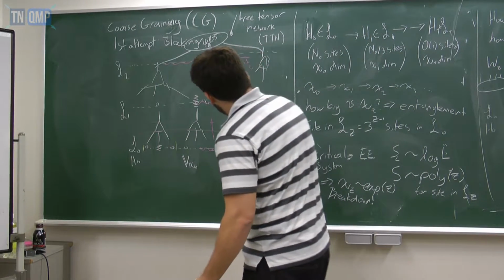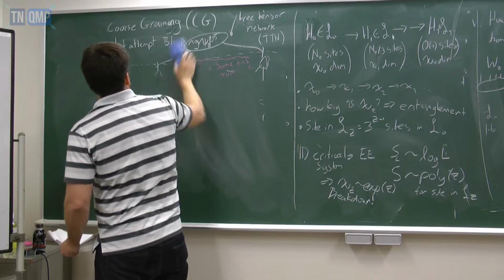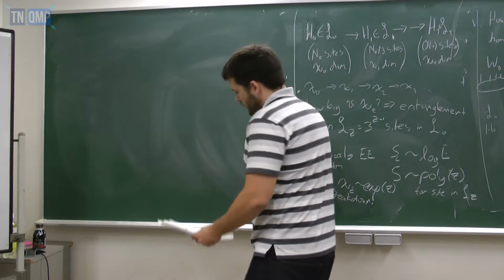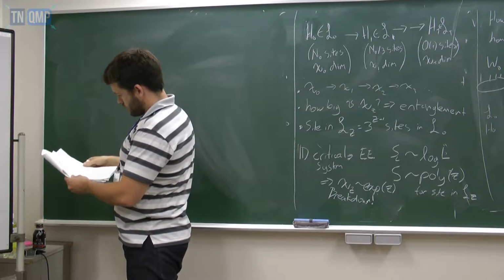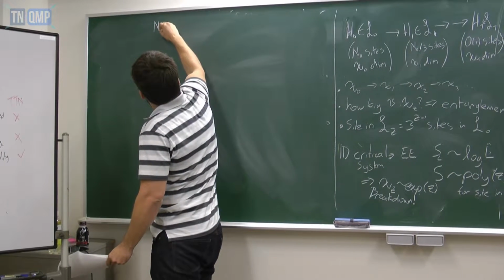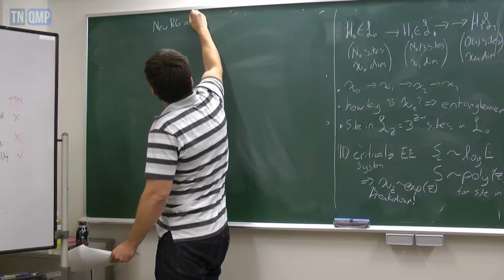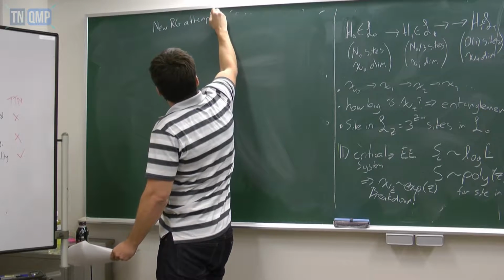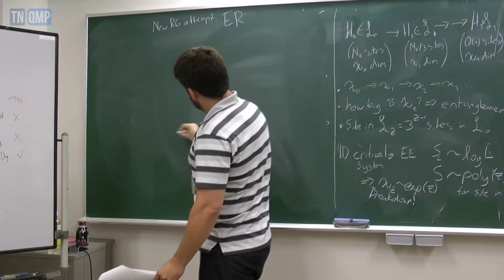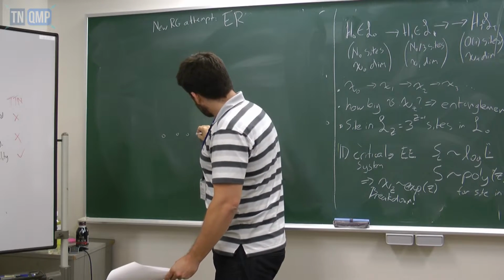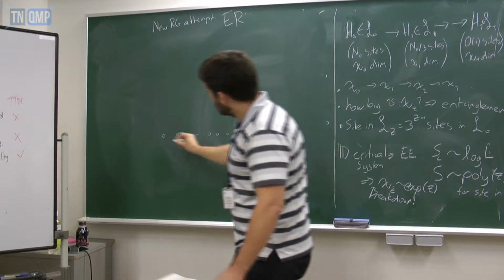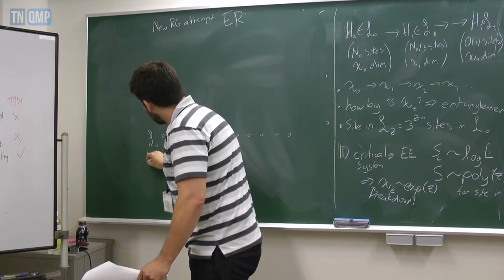Okay, so let's do a new RG attempt, entanglement renormalization. Again, my local lattice L naught, my Hamiltonian H naught.